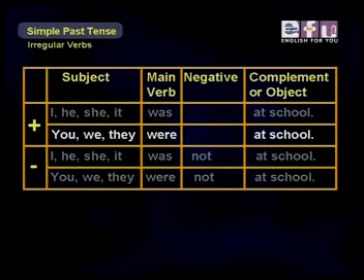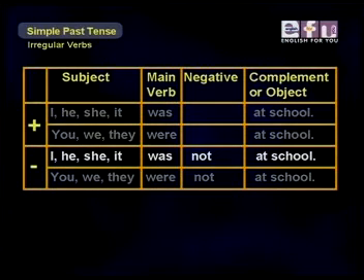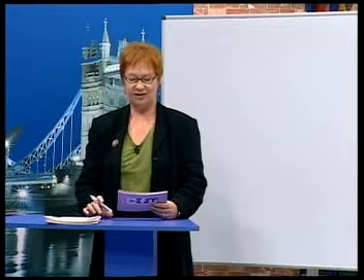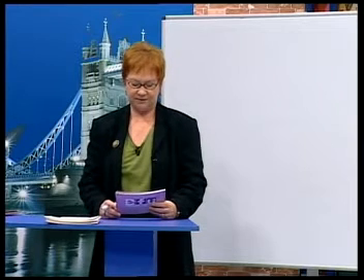Another example for positive, you, we, they were at school. Subject, main verb, complement. Okay? Now, to make it negative, I, he, she, it was not at school. Subject, main verb, negative, complement.